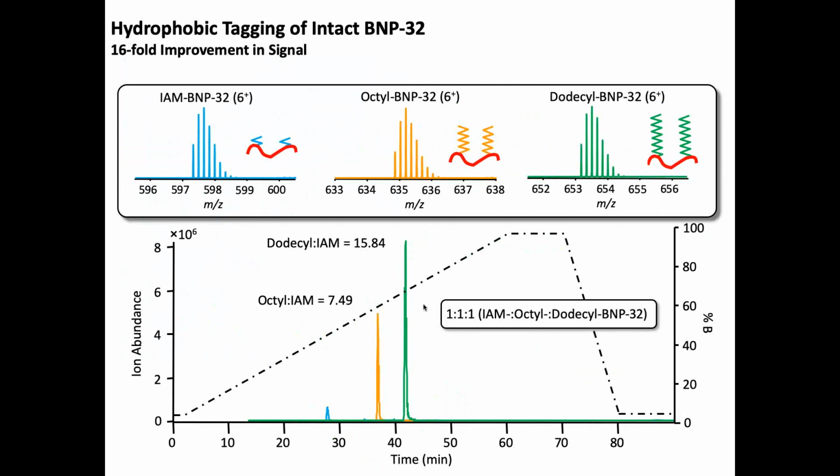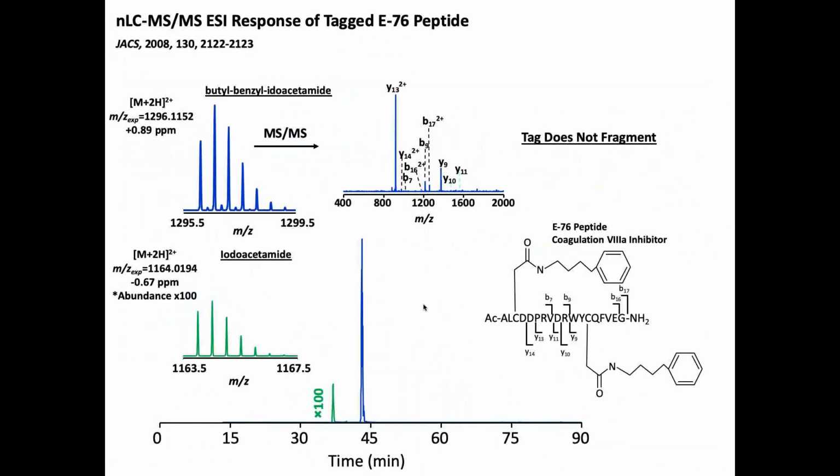So in this case, for a 1-to-1-to-1 ratio, you're seeing something like a 16-fold increase from the regular derivatized up to decyl. You can take it even a step further to some of the neuropeptides and coagulation inhibitors, small little peptides. Put in these types of tags, you can see up to a 100-fold or 1,000-fold increase in ionization efficiency.